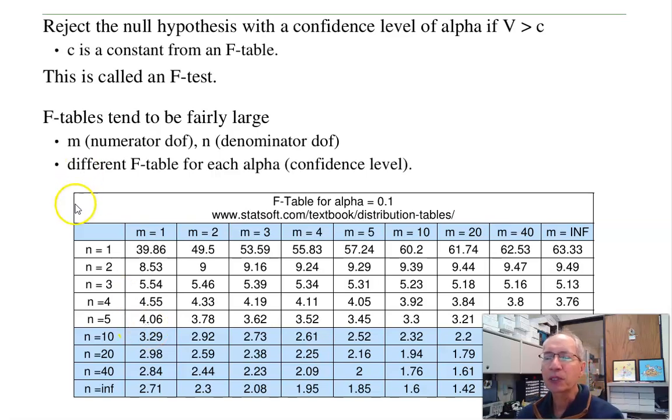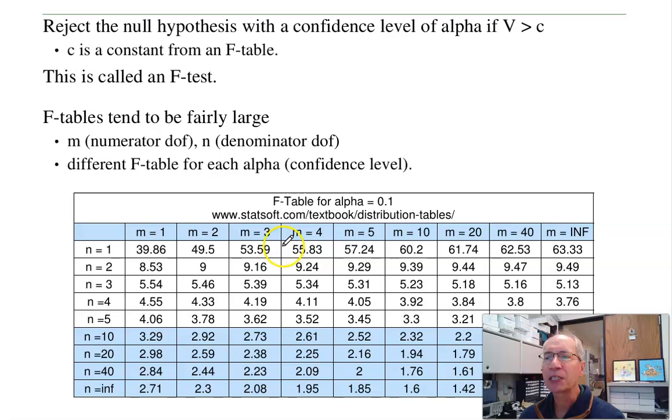Now, an f table will look something like this. If I have an alpha level of 0.1, meaning I can be 90% certain that the variances are different, it looks like this. The top is the numerator's degrees of freedom. The left-hand side is the denominator degrees of freedom. The number in the middle is the F score.